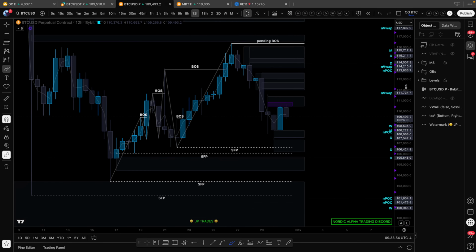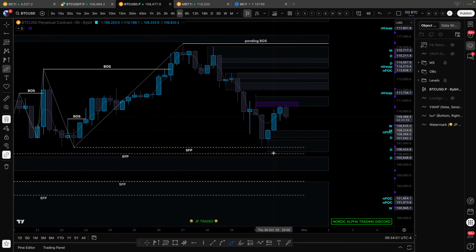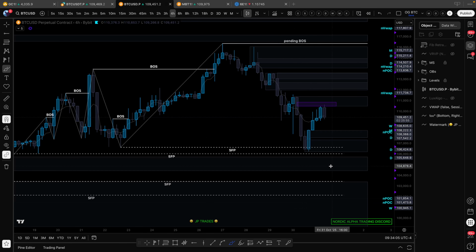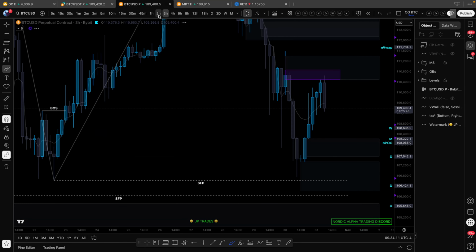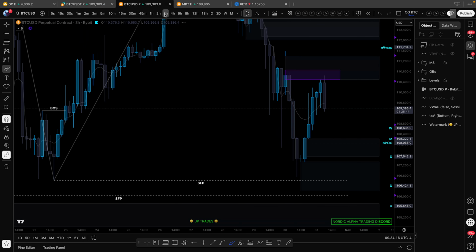So that's the higher time frame bias. And again, the 8 hour SFP, the 6 hour SFP, but then you're going to tell me, oh, well, the 4 hour actually closed below that SFP. But if we flicker through our time frames, we can see that the 3 hour also SFP'd.